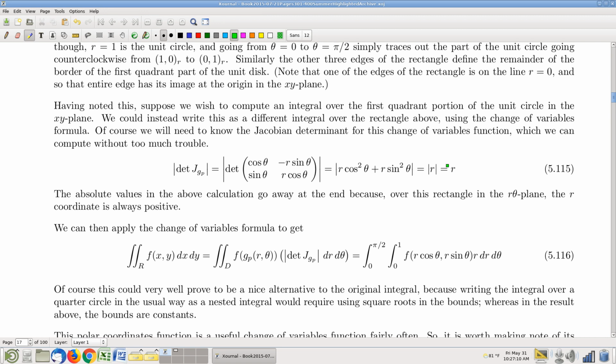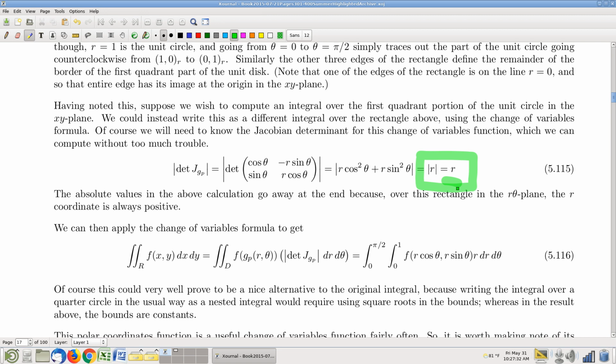If you simply make the promise that you will always choose r to be positive, even though technically we are allowed to make r negative if we want, if you just say, I hereby promise I will never choose negative values of r, cool. Well, then the absolute value of r is now just r, which is very convenient.